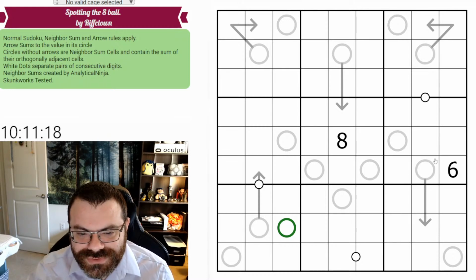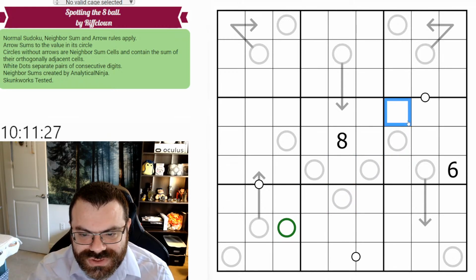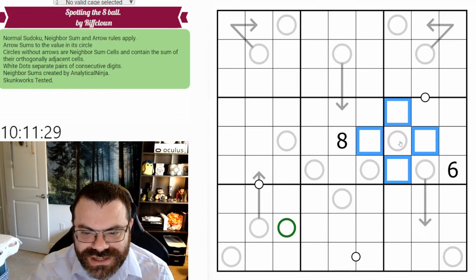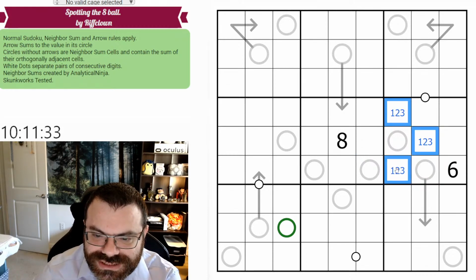All right, so how do we want to get started on this? Well, all of the circles are pretty constrained. So as I pointed out, 7 is the minimum that you could do on this, because 1, 2, 3 adds to 6, and then you could repeat the 1.